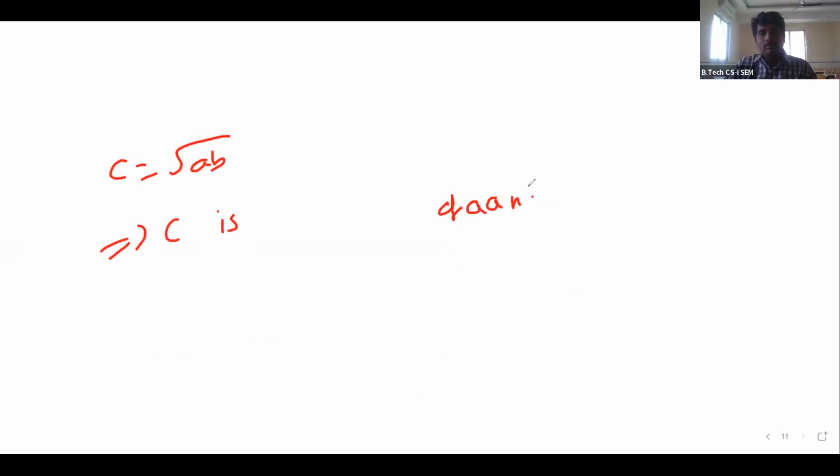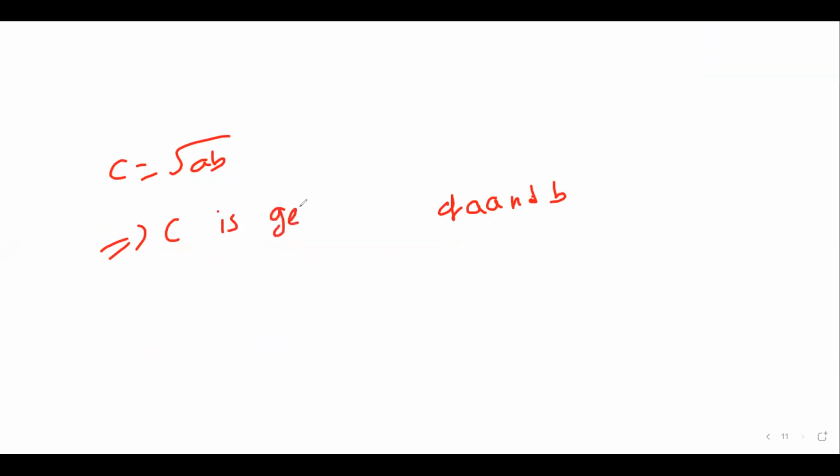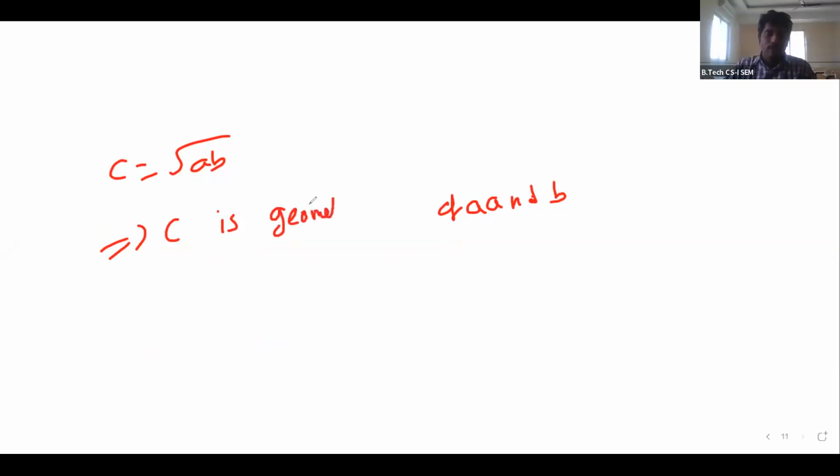Now, c is equal to root ab implies c is the geometric mean of a and b. Who will tell me? Geometric mean, sir. Very good.